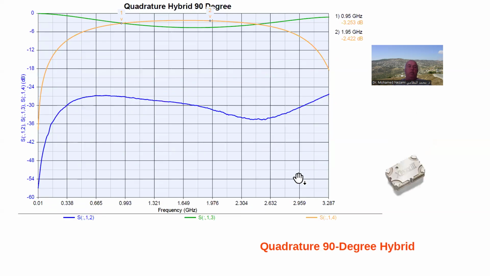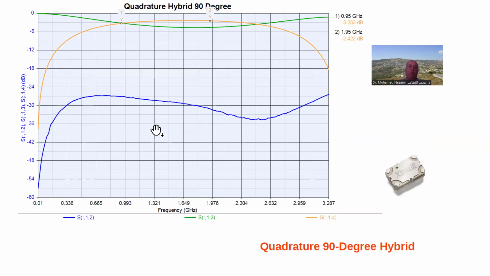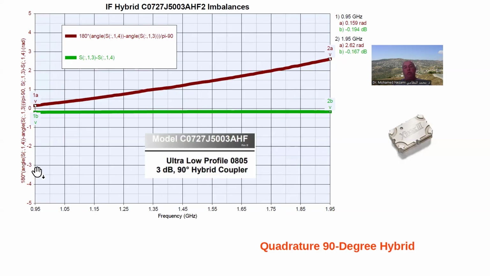If you go back to this standard formula plotted, 3 degrees of phase error versus 0.2 dB, you're out here somewhere, which is very good for that one.